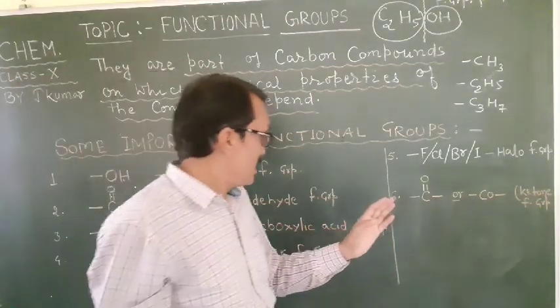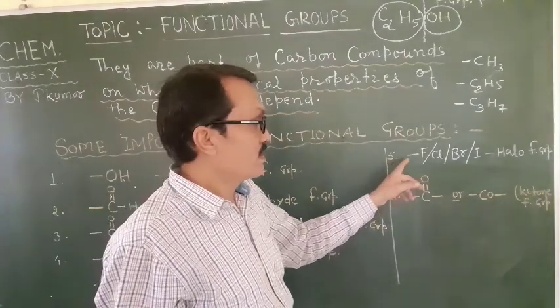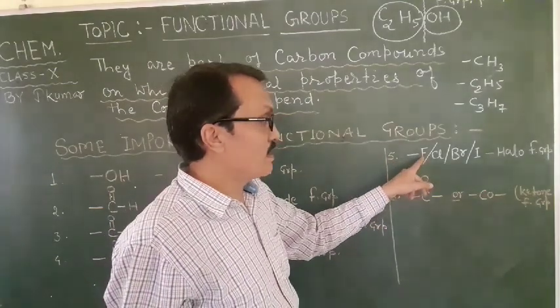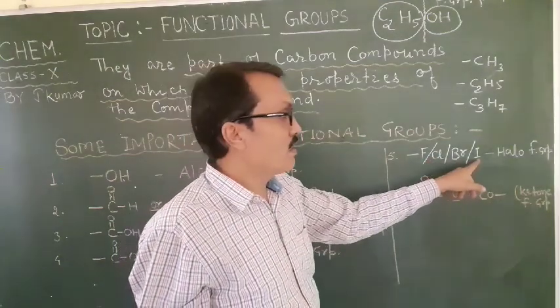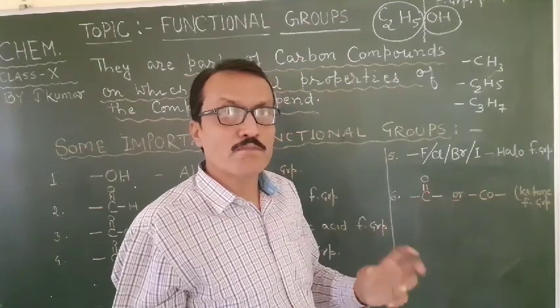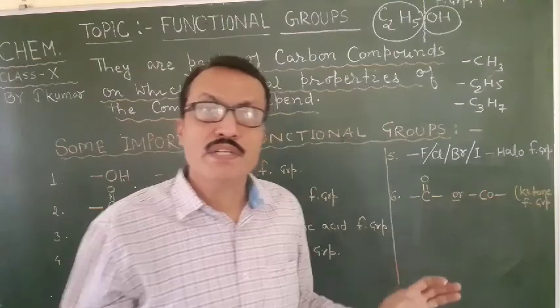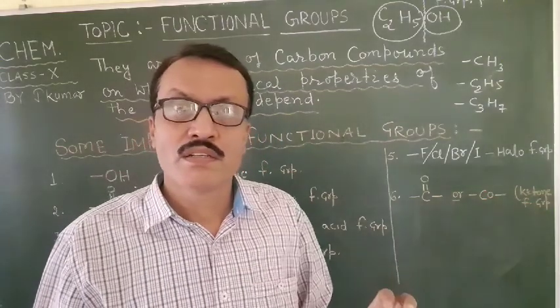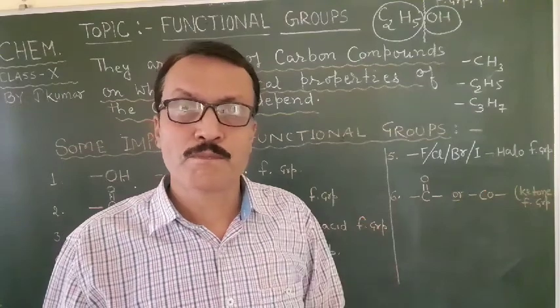Now let me say the next functional group, that is bond either F or Cl or Br or I, means fluorine, chlorine, bromine, iodine. Students, these are elements, but here they are treated as functional groups.